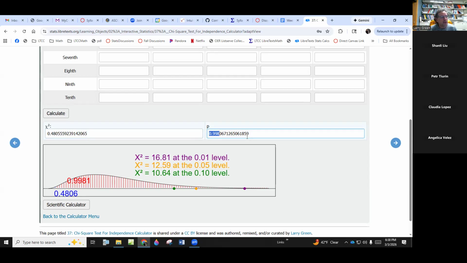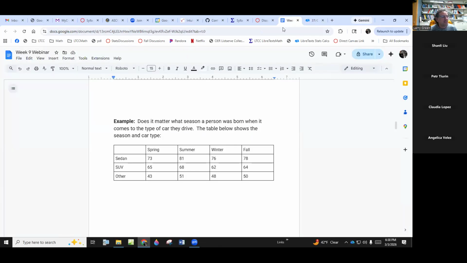You wouldn't even think about doing another study with a bigger sample size, because it's so close to one. At that point, you give up and say, I don't even think they're dependent. I tried to make it realistic because I feel that it has nothing to do with when you were born and what kind of car you drive.